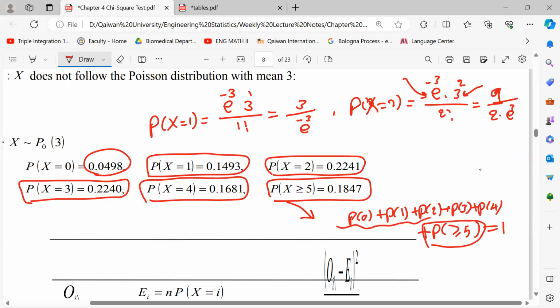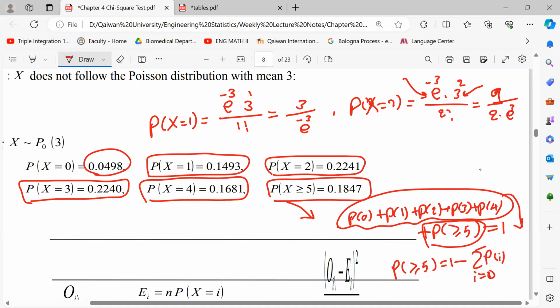We move these all to the other side. We get 1 minus the probability of all the others. The probability of greater than or equal to 5 is 1 minus the sum of probability of i, let's say, i from 0 to 4. Okay? Let me write it down in detail.